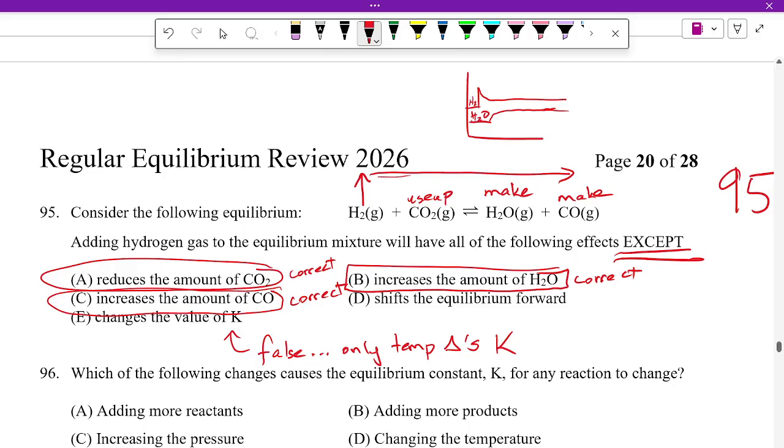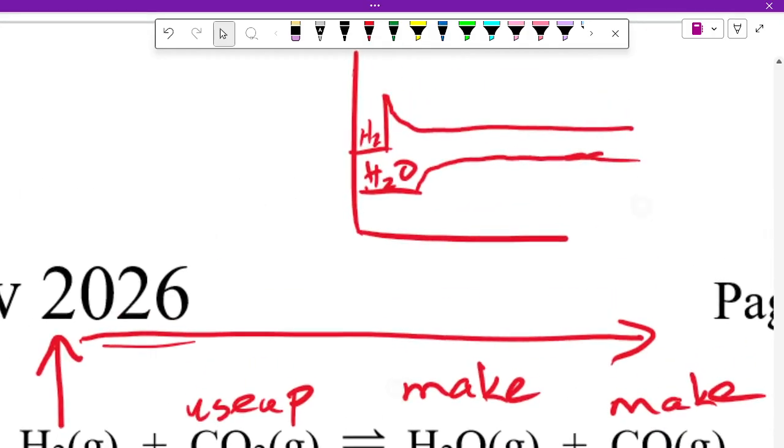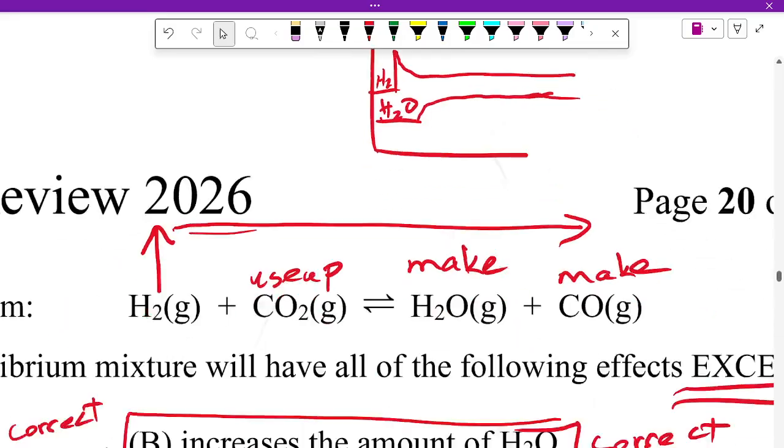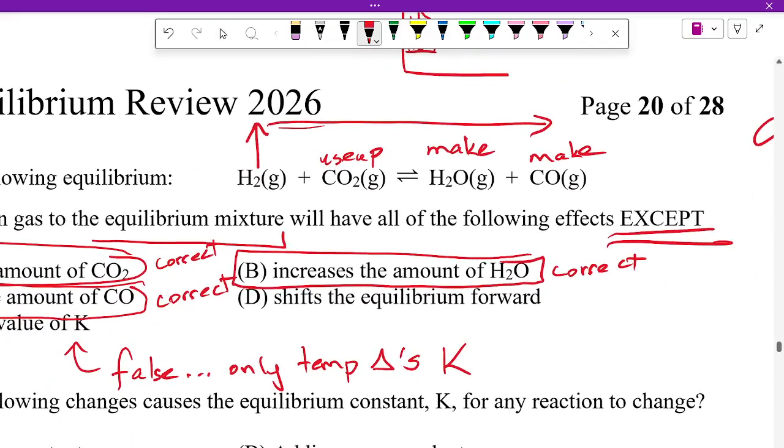So the original concentration of H2O was not present, or the original concentration was what? Was it present at that time? Yes, because we are at an equilibrium mixture. So we are at equilibrium, so we have some of each. Okay.